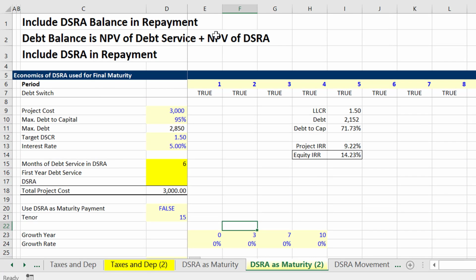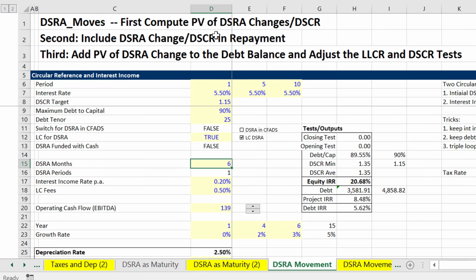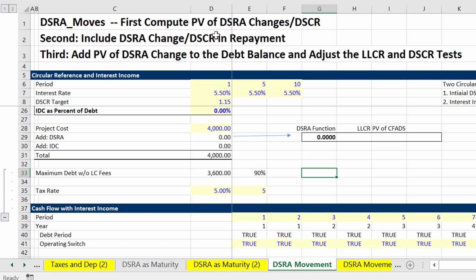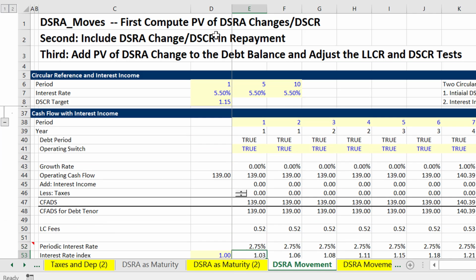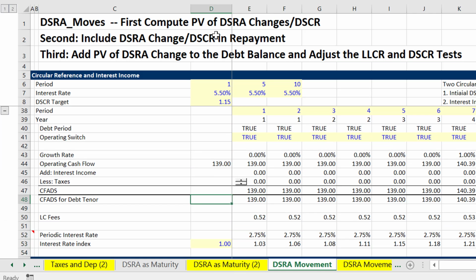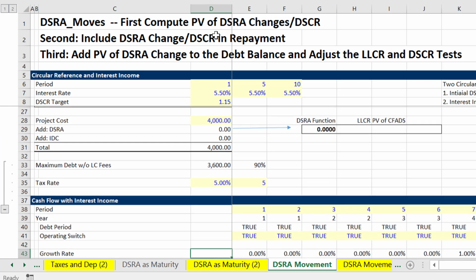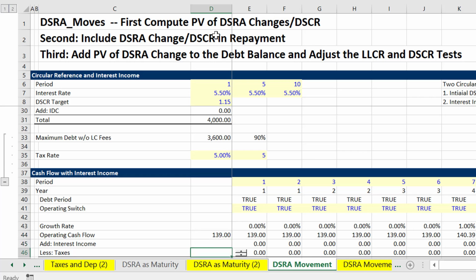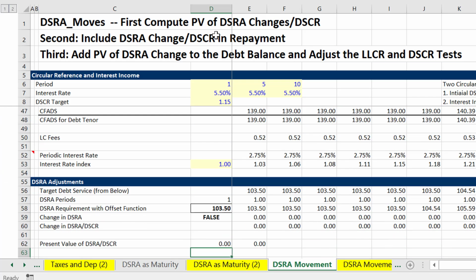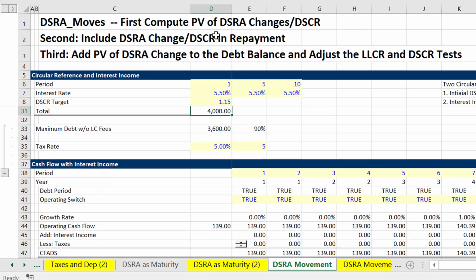I think you only have to fill in a couple of lines. And then this is the one we just were finished with. Then you use the same sort of principle, but you realize that the present value of the debt service reserve account is, you make your adjustments.